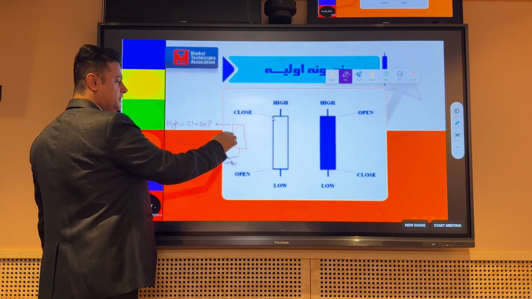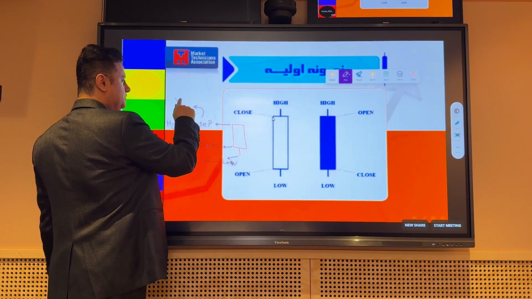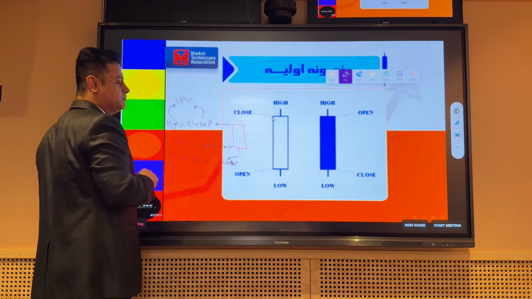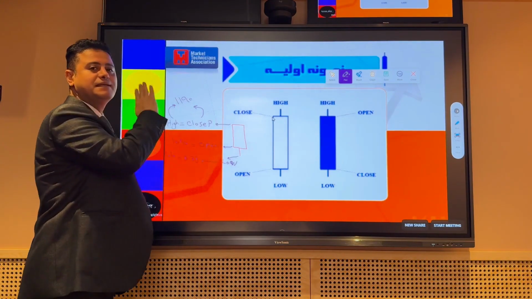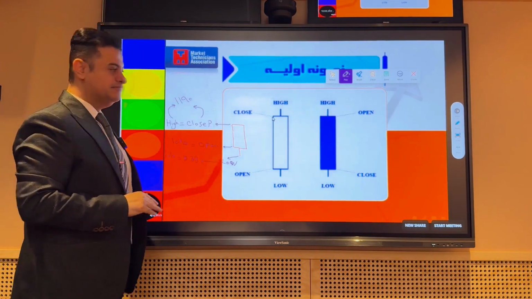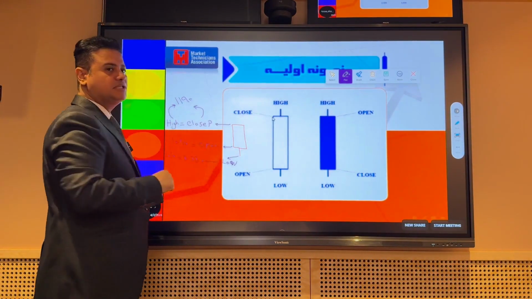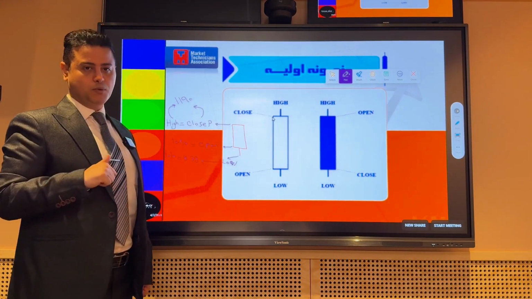Again, it had various prices, until at the closing time, its price became 1190 reals, and that was its highest price. This means that throughout the day, the share price never went above 1190 reals. It closed at exactly 1190 reals. So the close price of the share was equal to its high price. Therefore, we have such a candlestick for the share on that day.